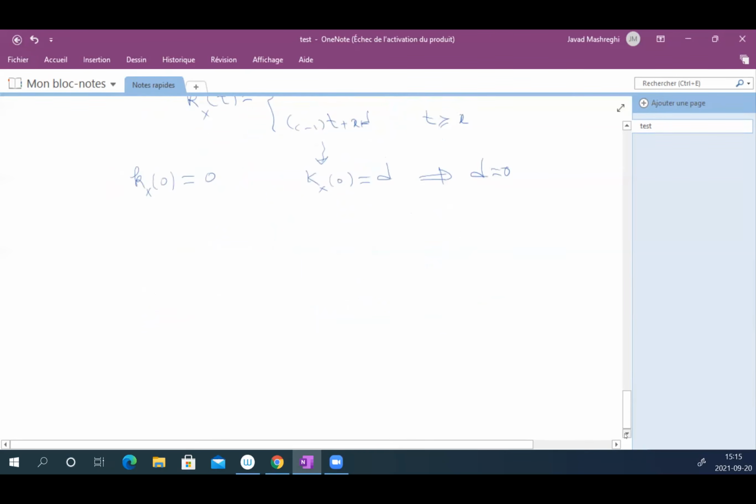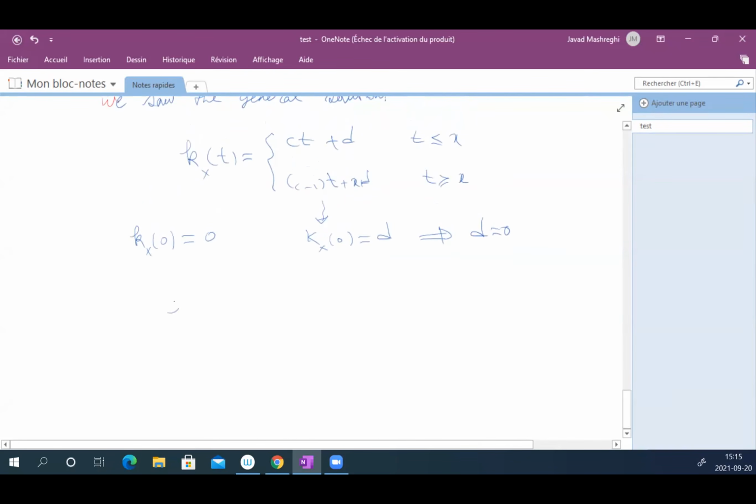So we have a function now: k_x(t) equal to ct for t less than or equal to x, and (c − 1)t + x for t bigger than or equal to x. Still there is one constant to be determined.